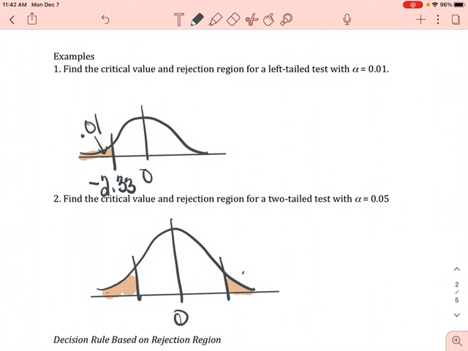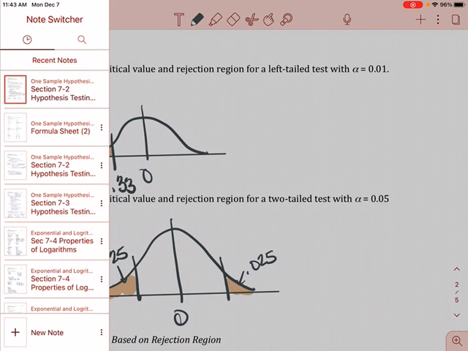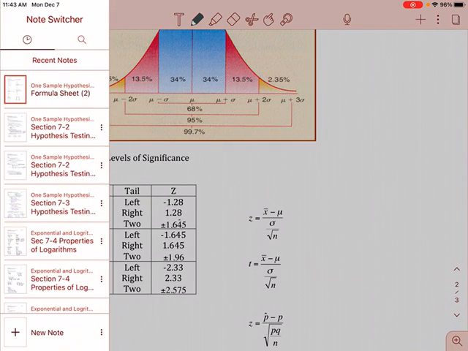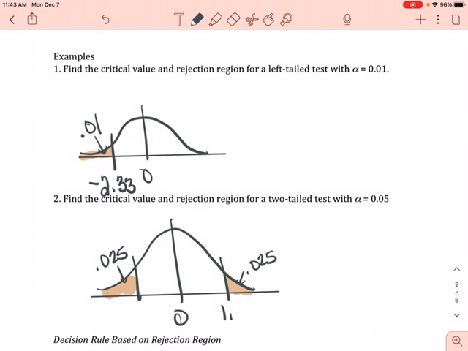That's what's in each one of these, because it's half of 0.05. So I'm going to go to my formula sheet, 0.05, 2 tail, plus or minus 1.96. So on the positive side, I'm going to put 1.96. On the negative side, I'm going to put negative 1.96. Okay, that's all we're doing to find our rejection regions.